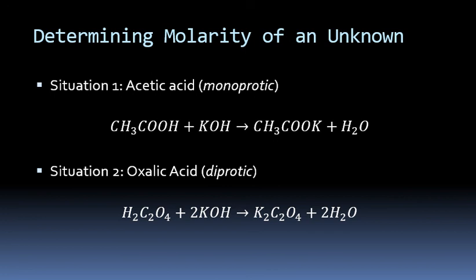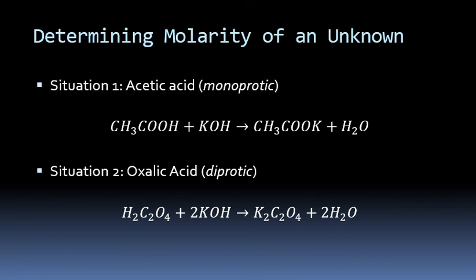Now, acetic acid, that is a monoprotic acid, which means it only has one acidic hydrogen to lose in order to be fully neutralized. Effectively, that means that with a monobasic base like KOH, which only has one unit of OH, the mole-mole ratio of acetic acid to potassium hydroxide is going to again be 1-to-1.